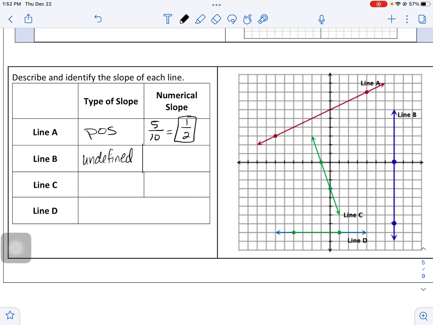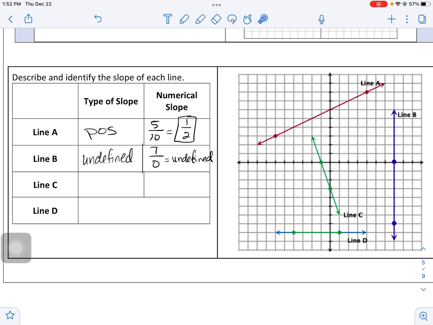I'm going to rise 1, 2, 3, 4, 5, 6, 7. So I rise 7, but I don't go left or right any. And because there's a 0 on the bottom, you can't divide by 0. So that's why the slope as a numerical number isn't really a numerical number. It is just undefined.